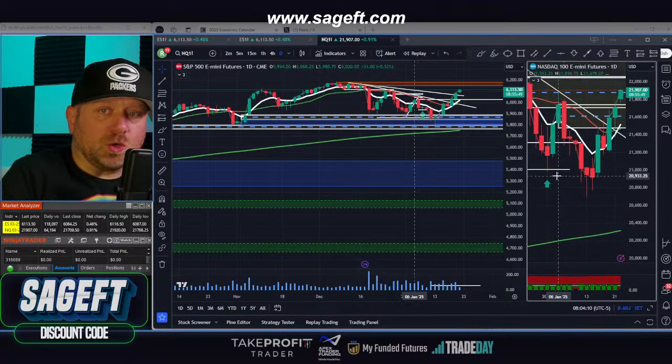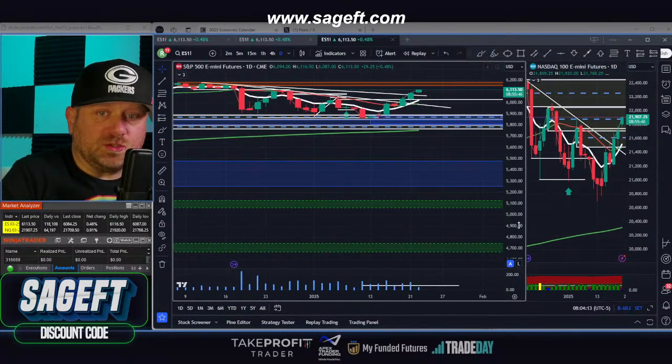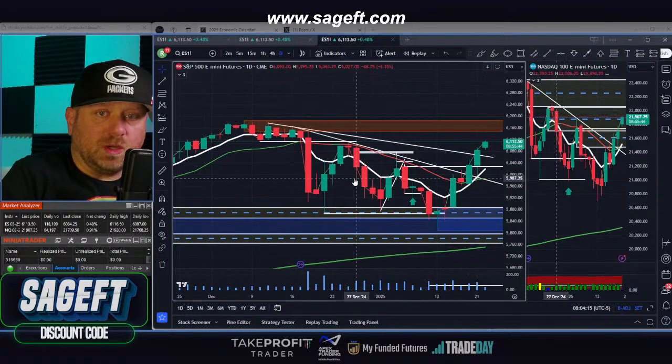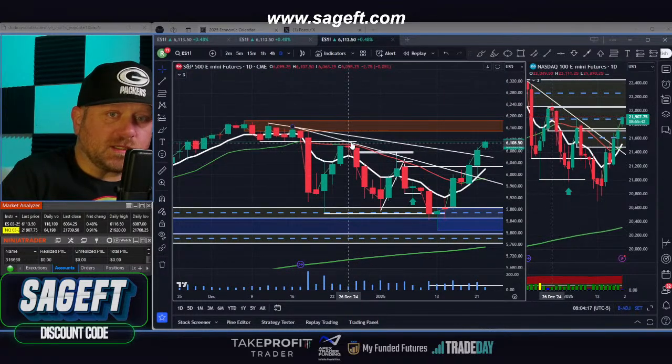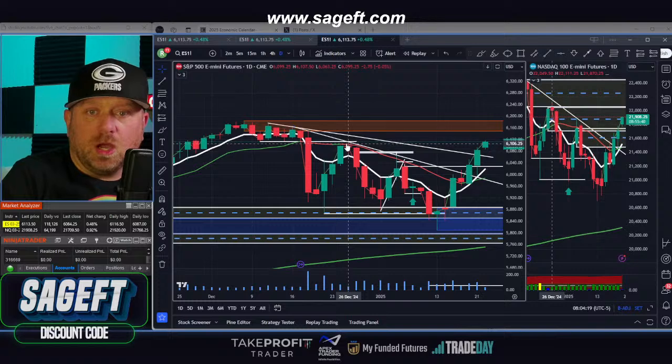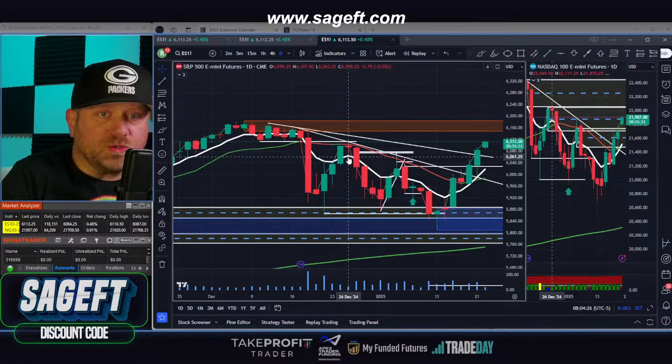So in direct relation to that, we're challenging the second external liquidity location from the down wave high of 0750. So we're nicely through that.